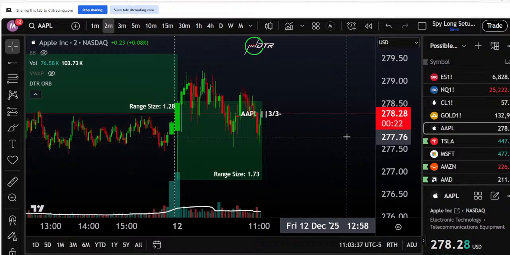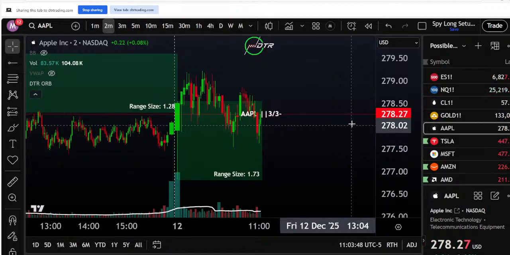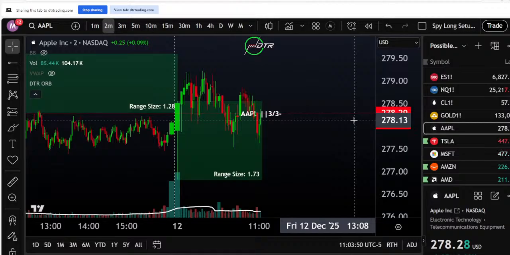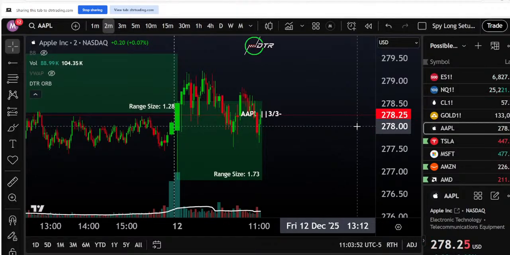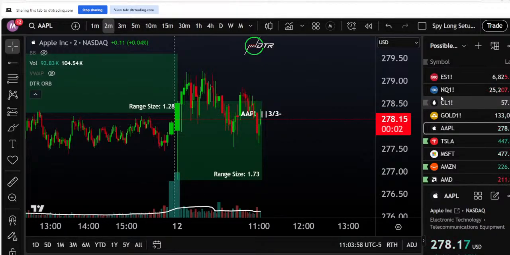So if I outperformed the executions, i.e., I added an edge to their executions, I would get paid more. Now, if I got a fill at 278.13 and my instruction was 278, right? That 13-cent difference gets pulled from my bonus pool.